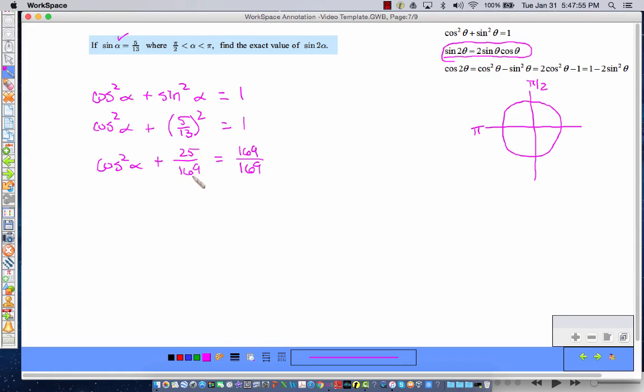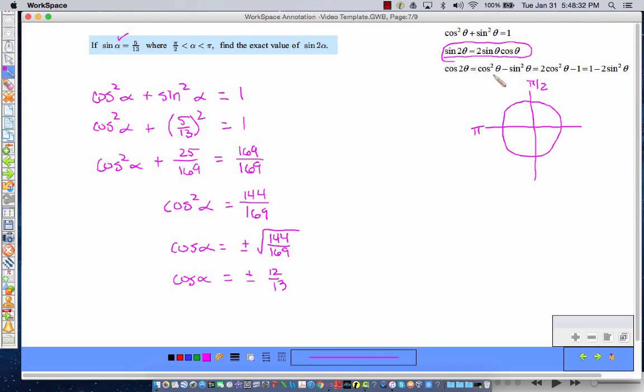And I subtract 25 over 169 from both sides, and I get cosine squared alpha is equal to 144 over 169. 169 minus 25 is 144. And so then cosine of alpha is equal to plus or minus the square root of 144 over 169, which is actually equal to plus or minus 12 over 13.